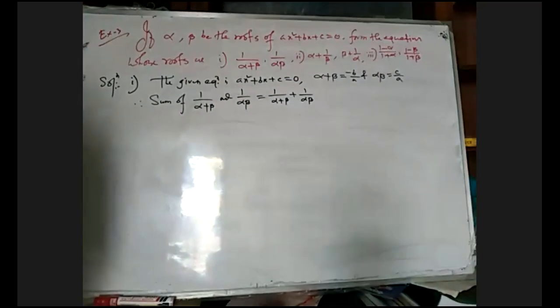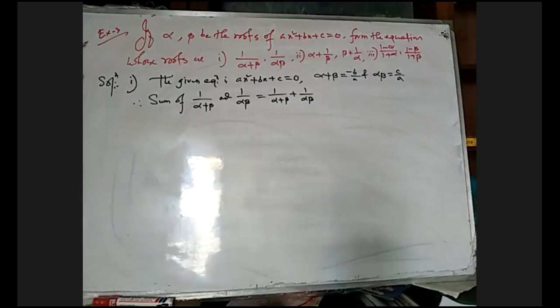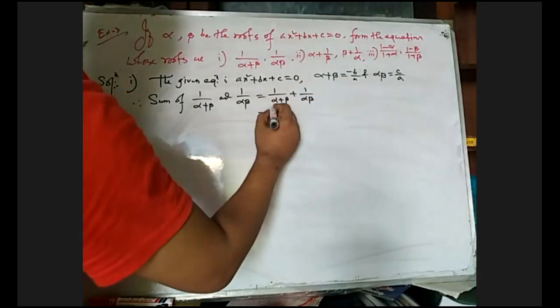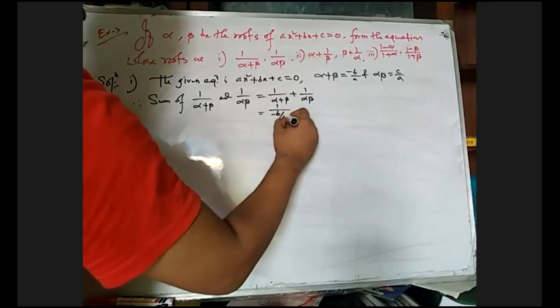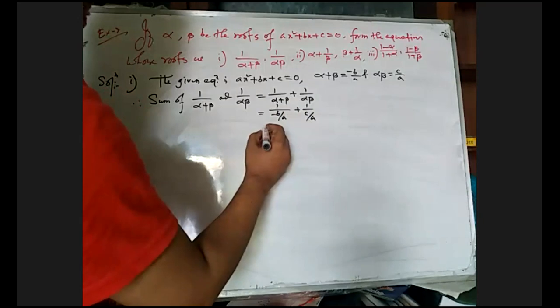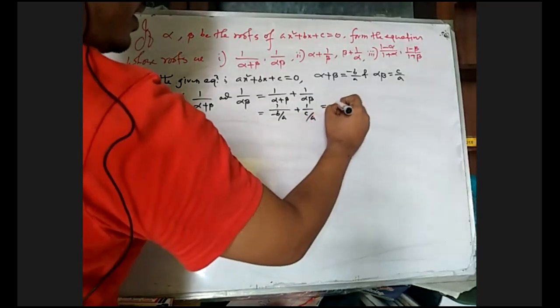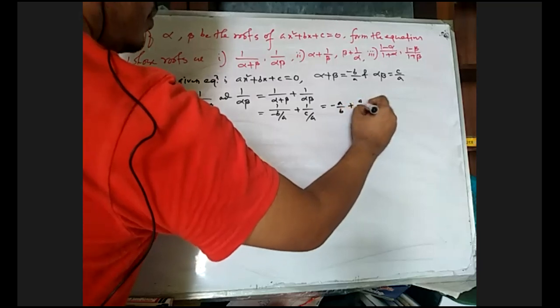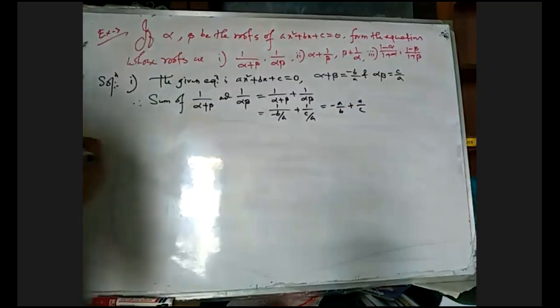Now this sum, what will be? Just putting the values here, minus 1 by minus b by a plus 1 by c by a. This equals to minus a by b plus a by c.